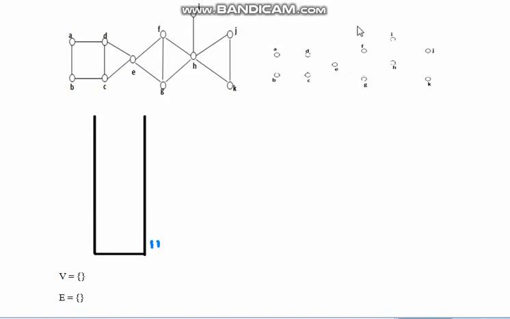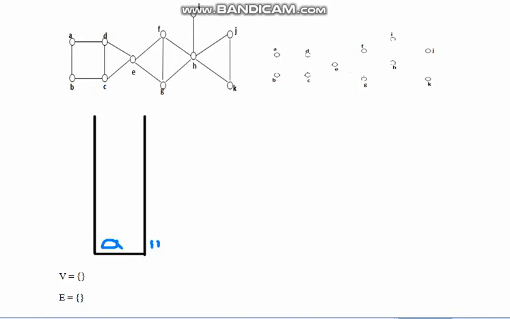I am choosing A as my starting point, then I start my graph traversal with DFS. Hence I visit vertex A, then push A into the stack.